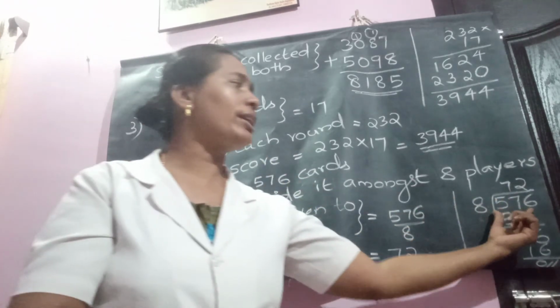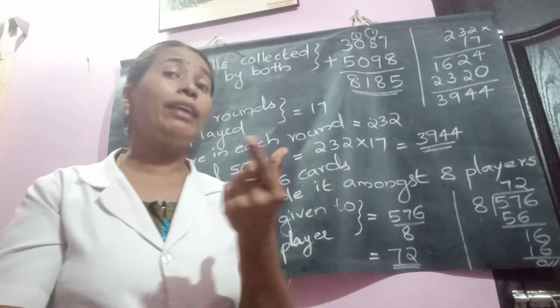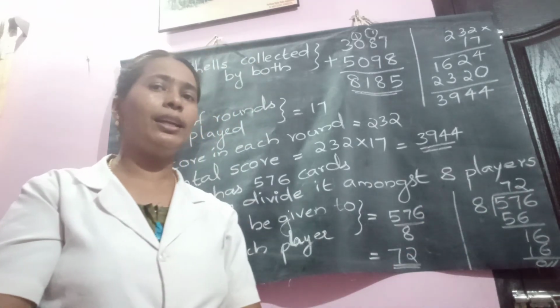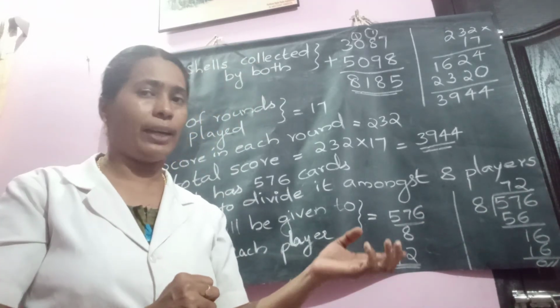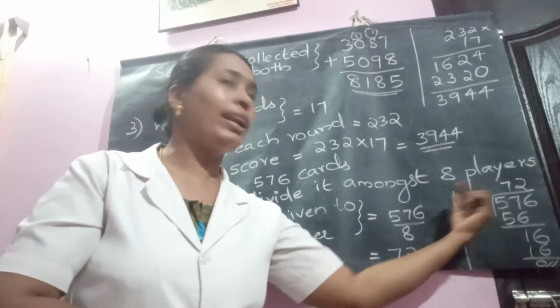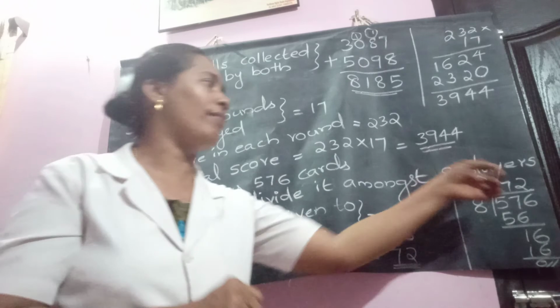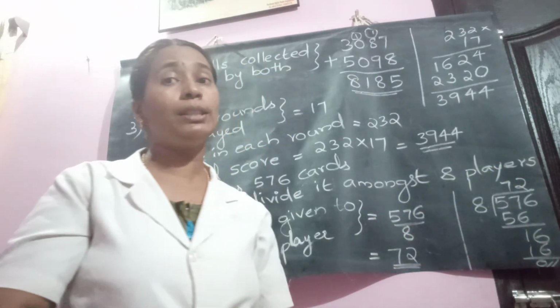Look at 576 by 8. 5 is a small number, so take 57 together. In 57, how many 8s are there? It's understood because you have studied the table of 8, isn't it? 7 8s are there. 7 8s give us 56. Subtract. How much comes? 1.